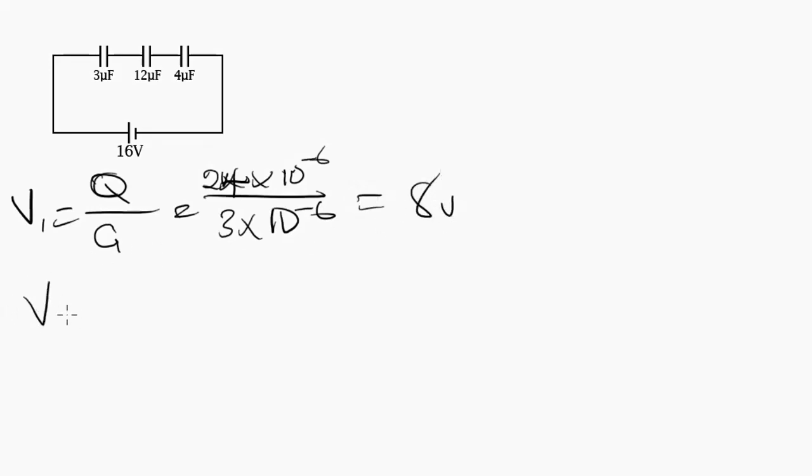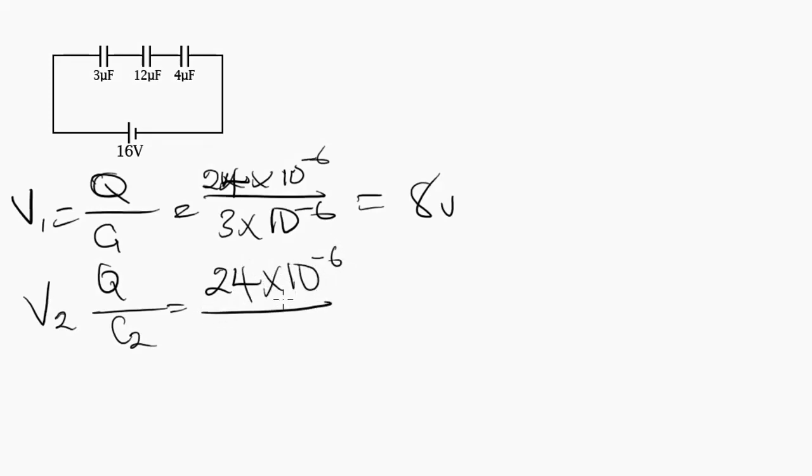Alright, for V2, we'll have our Q over our C2. Remember, the charge across each of the capacitors will remain the same. That is 24 microcoulomb over 12 microfarads, and this will equal 2 volts.